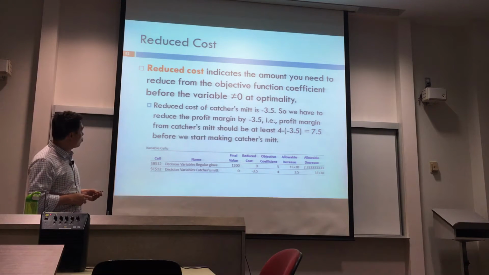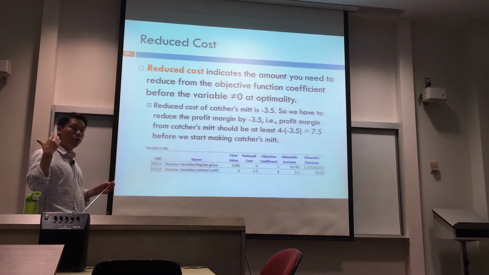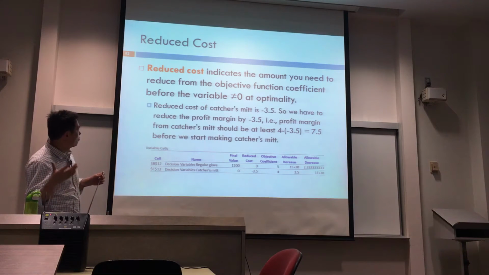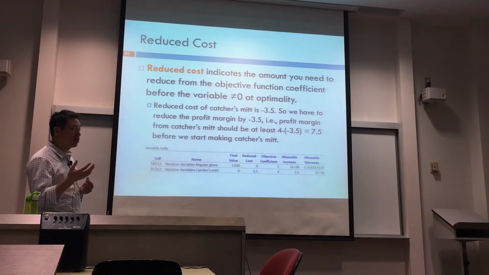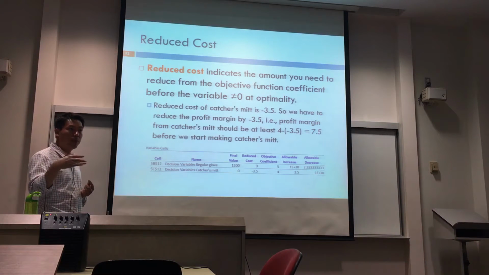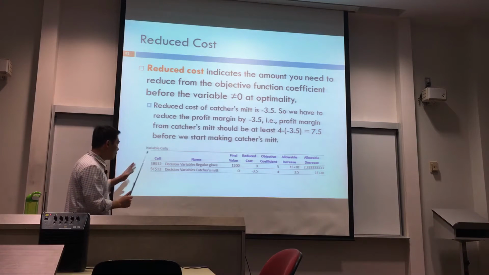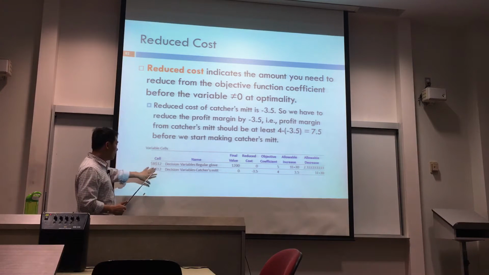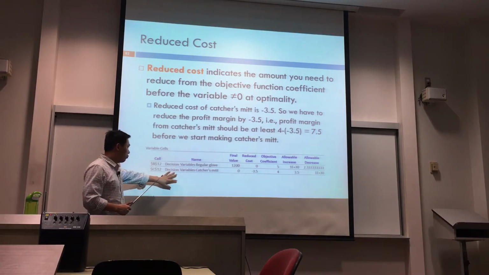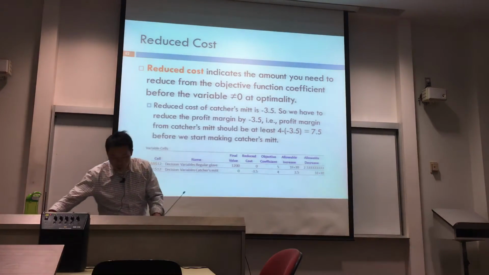And how much cost you have to reduce to make the variable basic. Again, it's a little bit tricky, but let me explain. For example, for this variable, Catcher-Smith C, right?